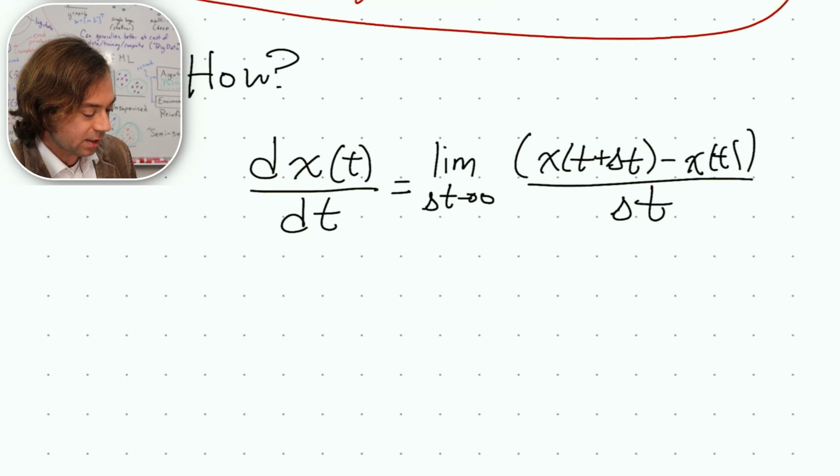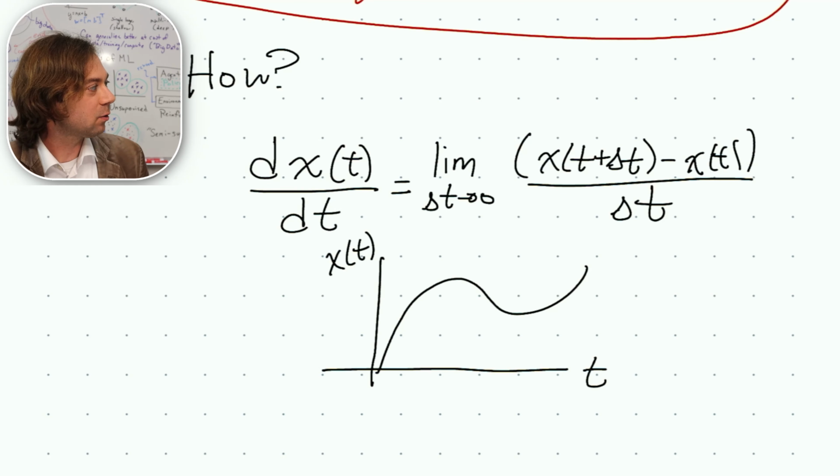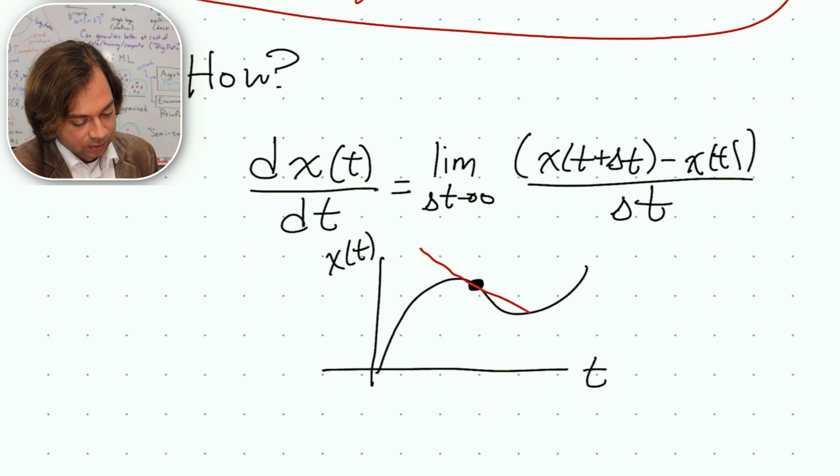What I should do is say, hey, let's say I have some graph of time and this variable over time, right? And whoa, there it is. That's what the graph looks like. If I want to know what the derivative is at that point, in effect, what you need is the tangent at that point, and then you want to know what the slope is.